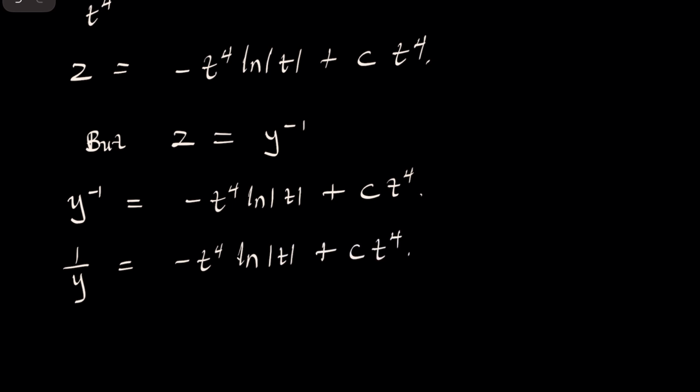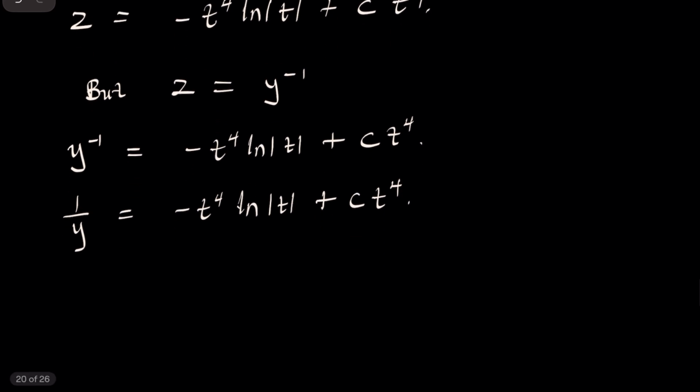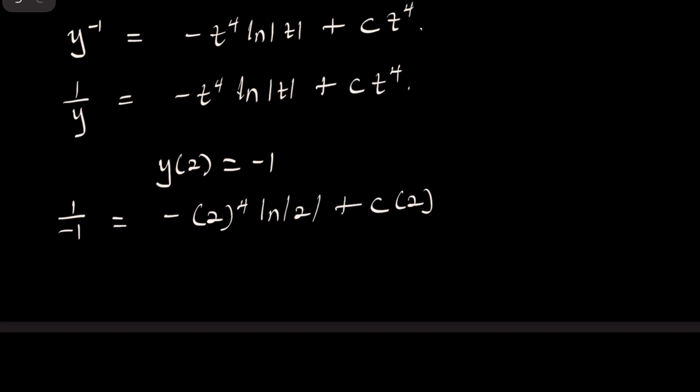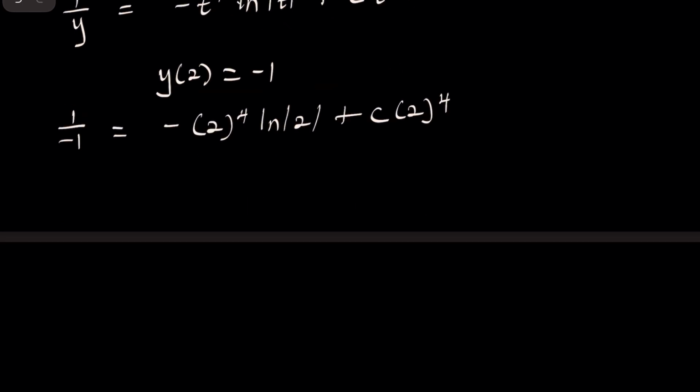Now let's find our constant of integration. We had our initial condition to be y of 2 is equal to minus 1. So that's t is equal to 2 and y is equal to minus 1. So we are going to have 1 on minus 1 is equal to minus 2 exponent 4 ln of 2 plus c 2 exponent 4. We are going to have minus 1 is equal to minus 16 ln of 2 plus 16c.